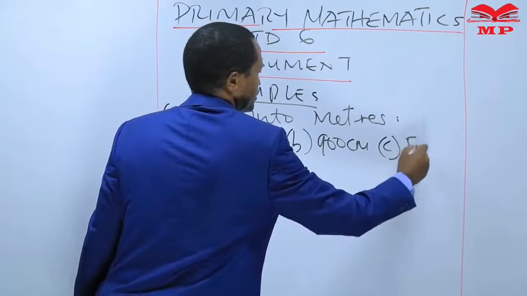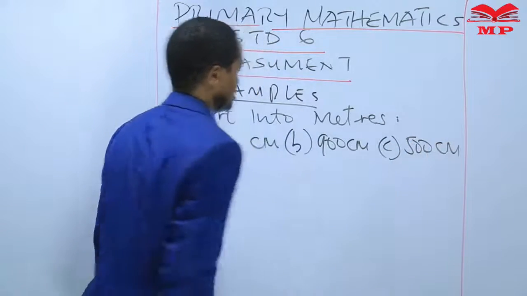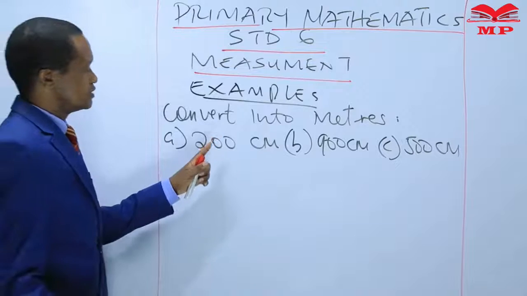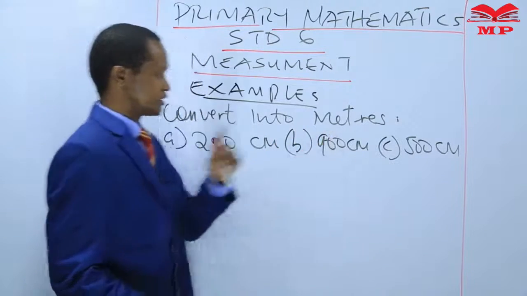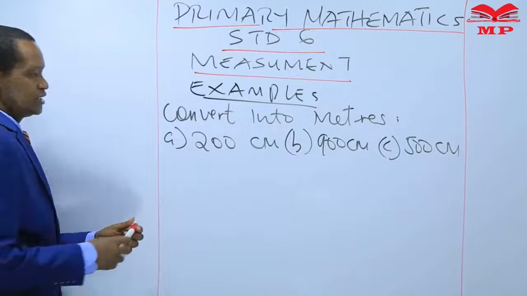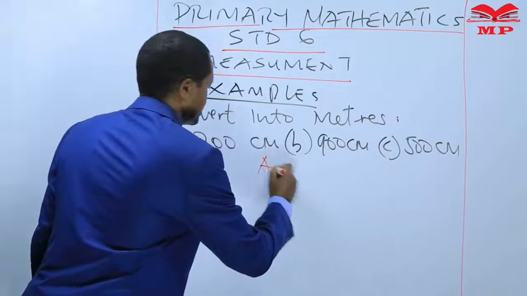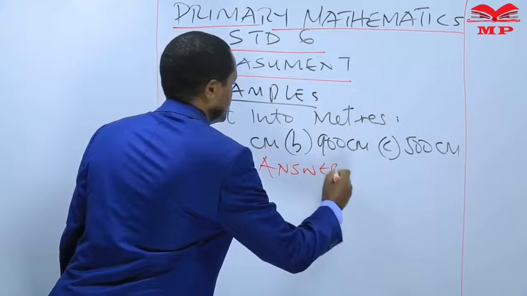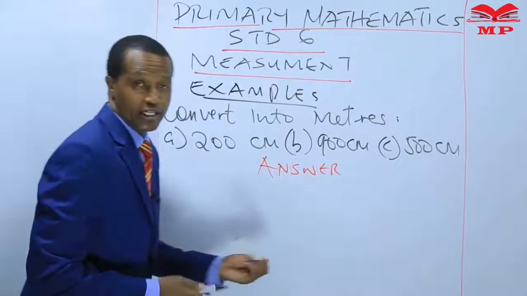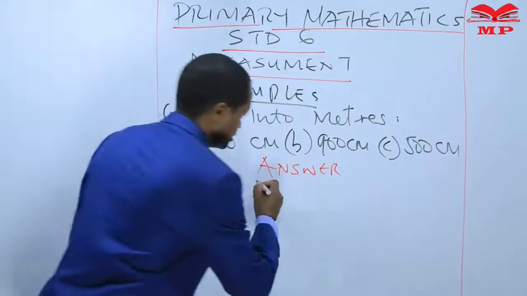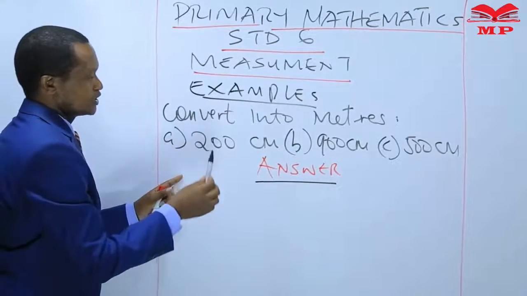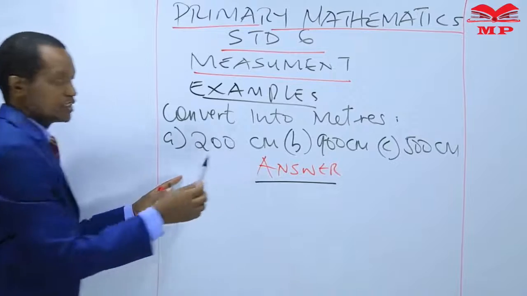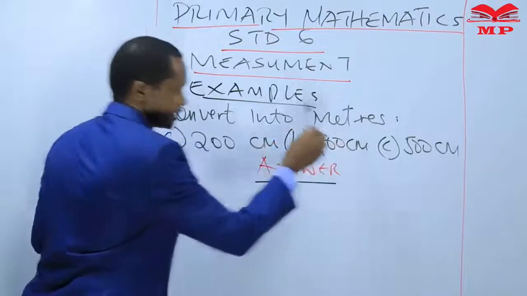C, 500 centimeters. Convert 200 centimeters into meters. Here is the answer. So, pupil, when I'm writing, you also write. Okay? How do we convert centimeters to meters?